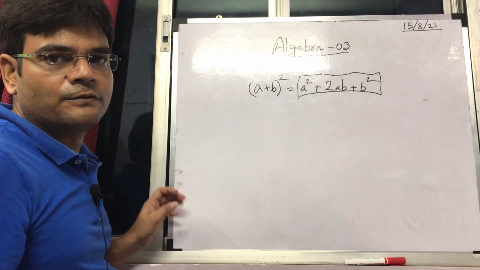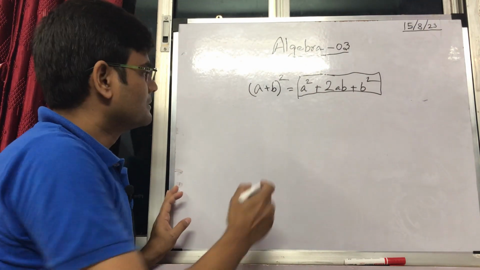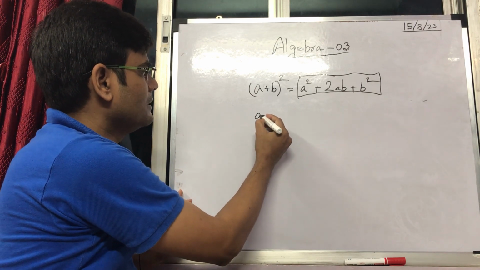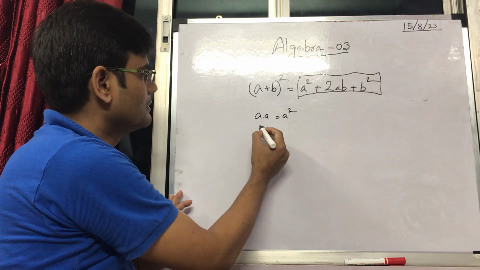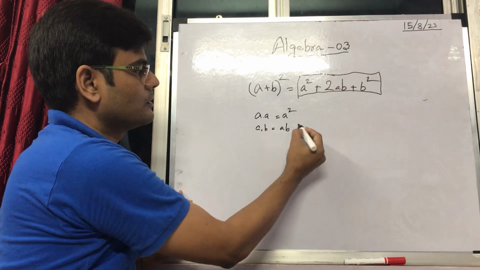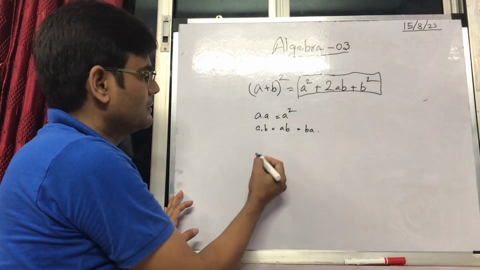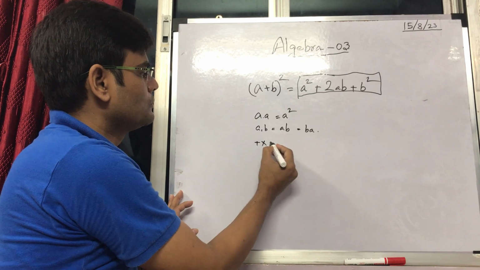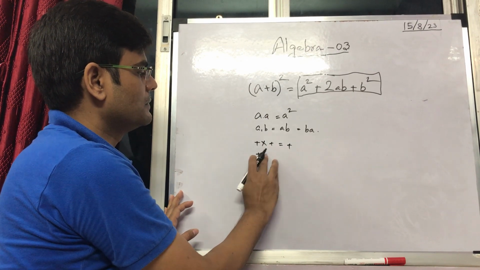Now before that, I'll move a step backwards. You know, right? A into a is a square. A into b is ab or ba, whatever, you can write it as ba. Plus into plus equals plus, plus into minus is minus.